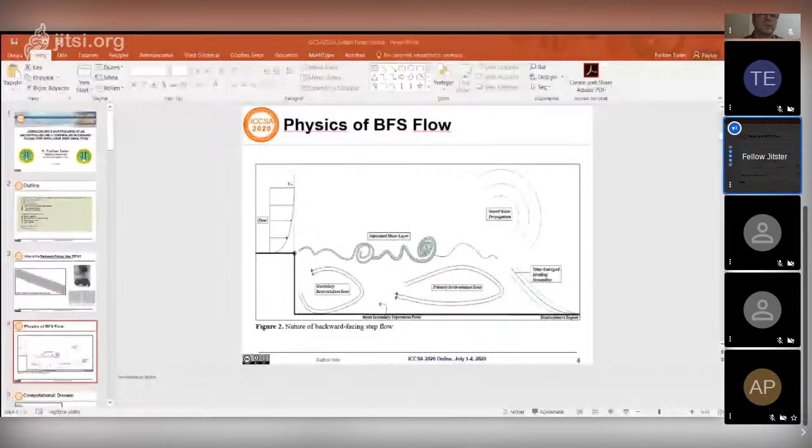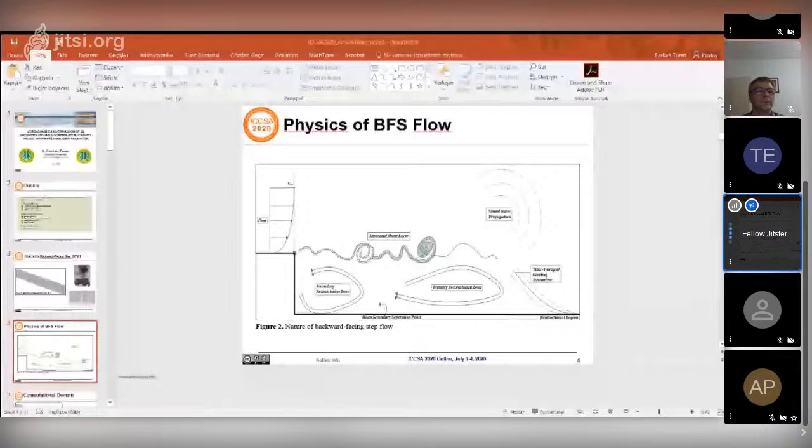And this is a closer look at the step. As I mentioned on the previous slide, we have a step, and the step height is equal to 0.025 meter, and we have a slot here, and the slot height is equal to 0.95 times 10 to the power minus 3.